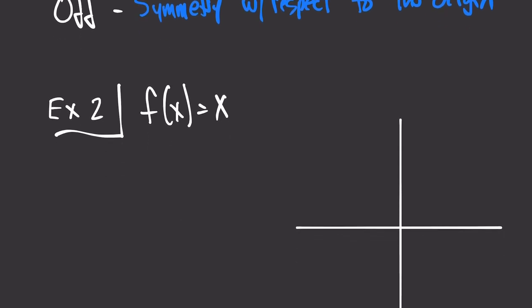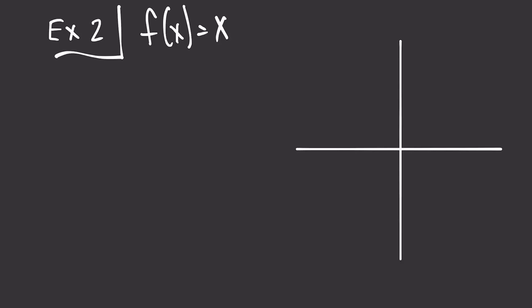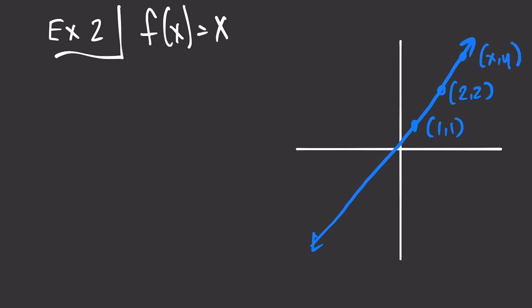Here's an easy function to deal with: f of x equals x. It's just a linear function. It looks like that, roughly. Again, a couple points on here: 1, 1, 2, 2, x, y. Down here we'd have negative 1, negative 1, negative 2, negative 2, negative x, negative y.